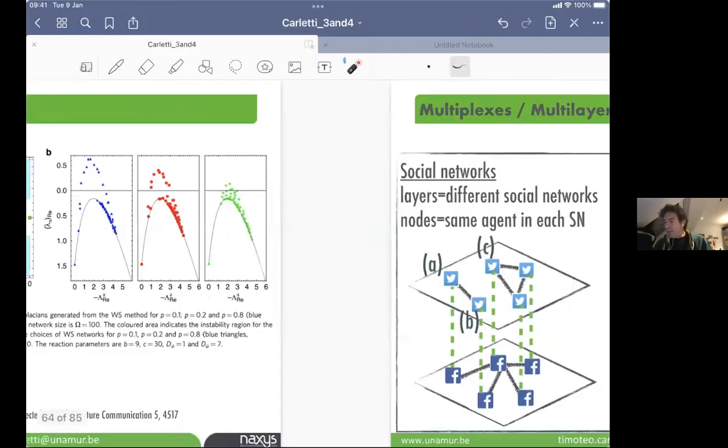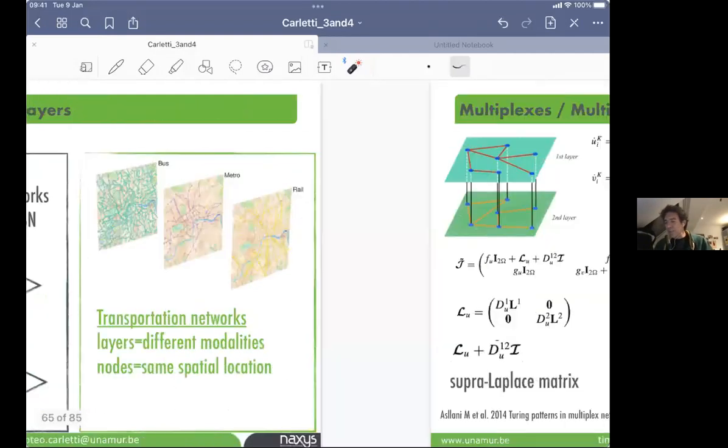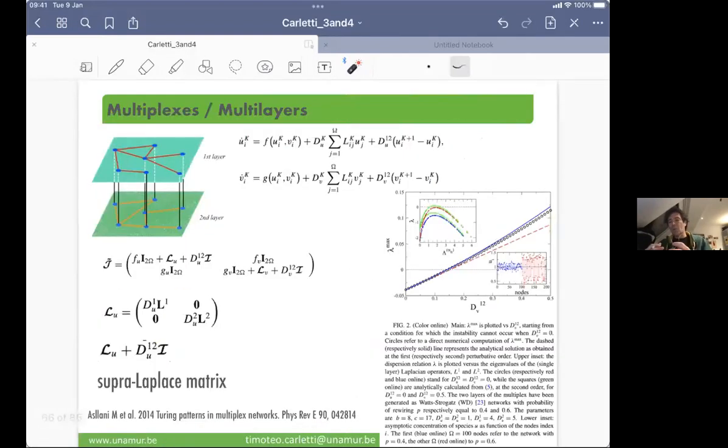Okay. So I already told you about the multiplex, multilayers. Again, you can do everything the same. The point is that now your system is more complex, because you have the reaction part and the diffusion part as before, but now you have diffusion across layers. So assume you have only 2 layers. You can diffuse on one layer or on the other layer, or you can diffuse across layers.